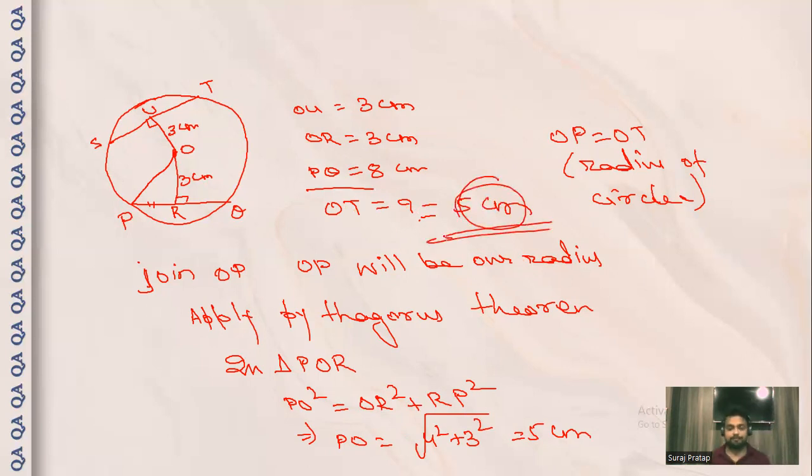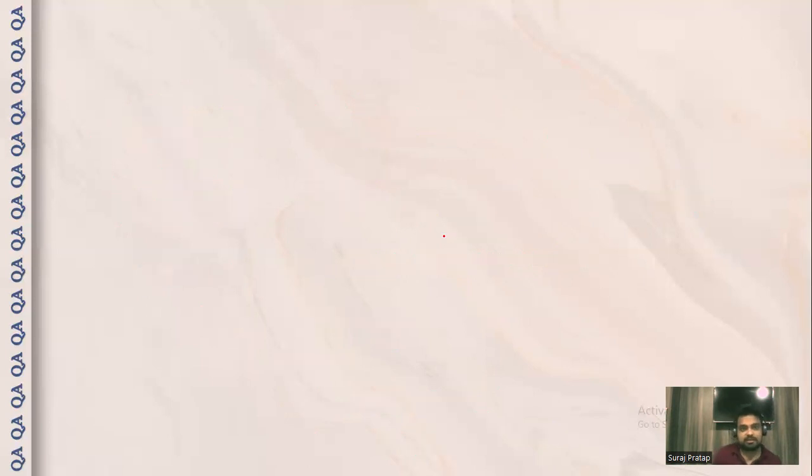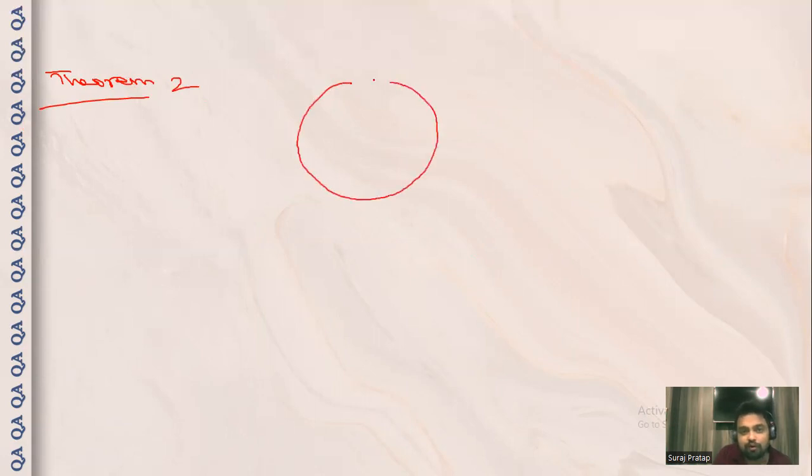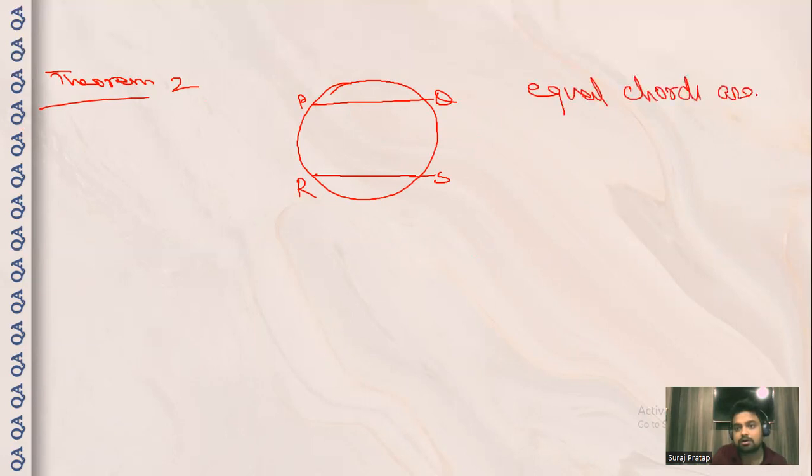As simple as that. The second theorem is that if you have two equal chords, let's say this is PQ and this is RS, then equal chords are equidistant from the center of the circle.